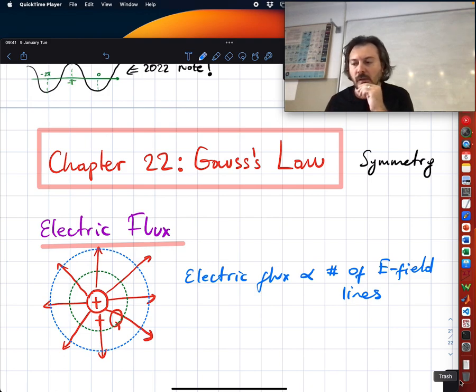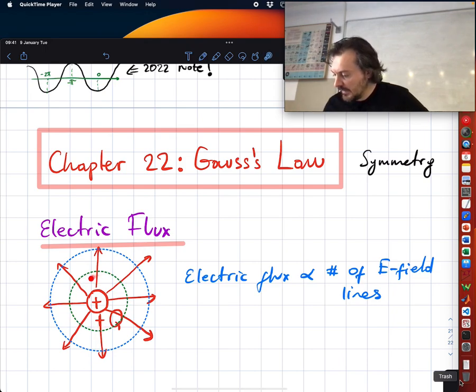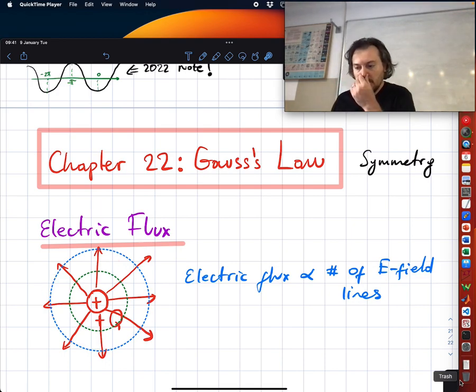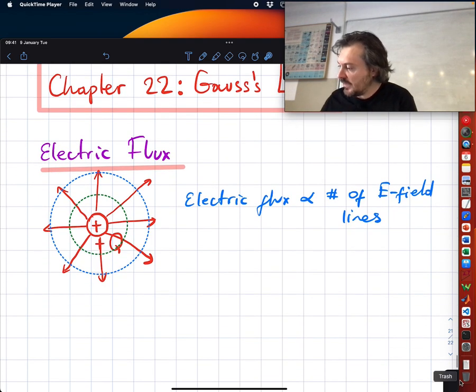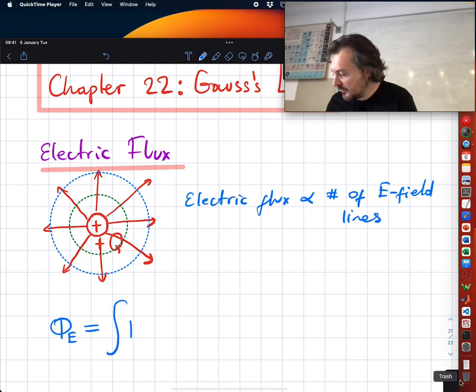And as you can see, since it's proportional, the electric flux over here and over here will be the same. Okay, what is the definition of electric flux? Let me give you a definition that is given with an integral.